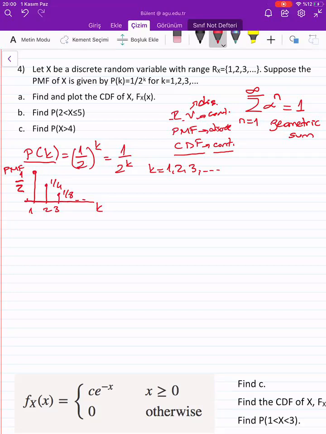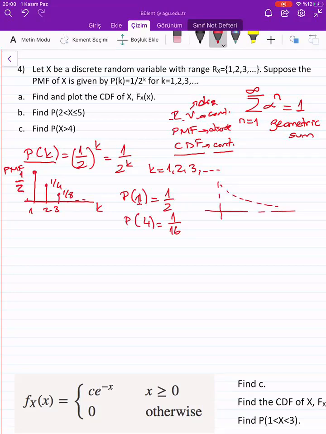So what does that mean? The probability of obtaining 1 as the random variable is equal to 1 over 2. But what's the probability of obtaining 4, for example? It is 1 over 16, which means as the number increases, the probability decreases, okay? That's how it is shown as an exponential decrease here.